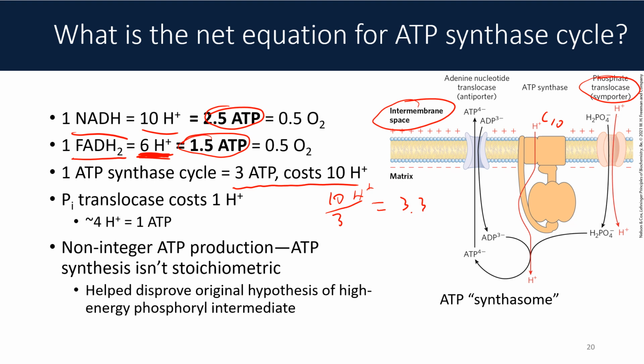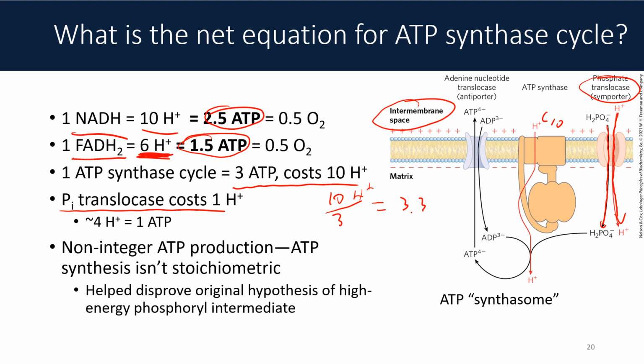So inward motion of the proton is going to drive inward motion of inorganic phosphates. Said another way, every phosphate that we put into this reaction is going to cost us an additional proton.